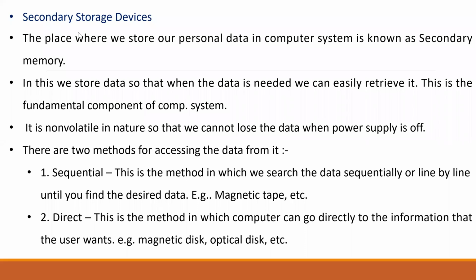Today we are discussing secondary storage devices. The place where we store our personal data in a computer system is known as secondary memory. As you know, whatever work you did, that works in the form of data.